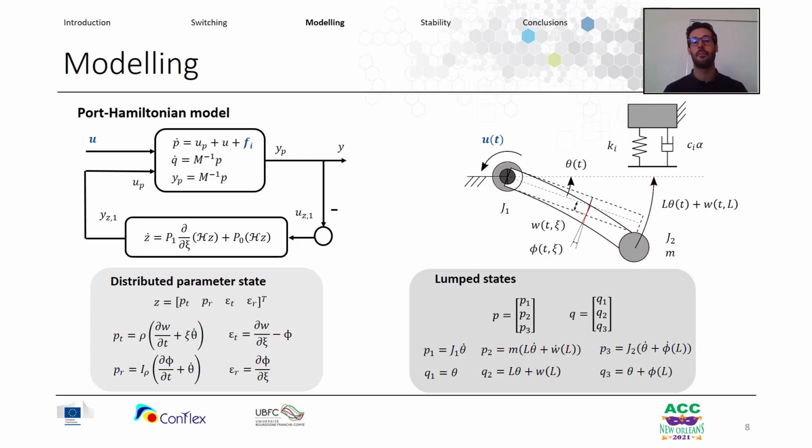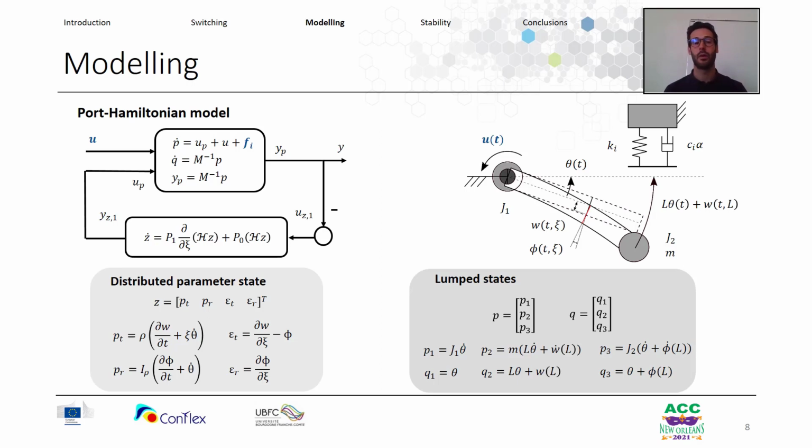Then, for the lumped parameter part of our system, we observe that the states P1, P3, Q1 and Q3 correspond to the angular momenta and angular displacement of the inertia of the motor at the x equal to 0 side of the beam, and of the load at the x equal to L side of the beam.